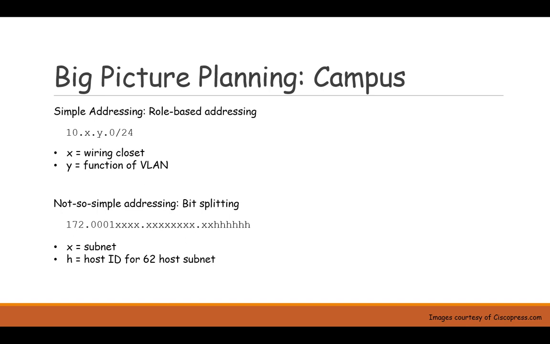This feels simple, but also, as you can see, it's likely this will end up with some address wastage. The way to minimize that is to go about a more difficult method of addressing called bit splitting. This really comes into play when you're using subnets that don't end at the bit boundary. So using something smaller than a /24 usually. The best way to organize this in your spreadsheet is really by binary.